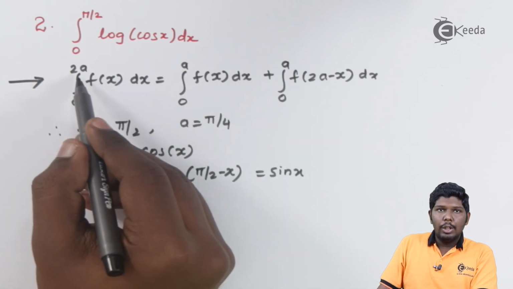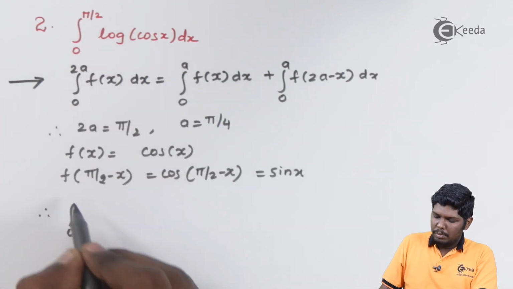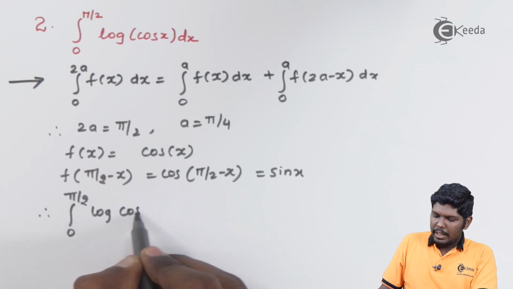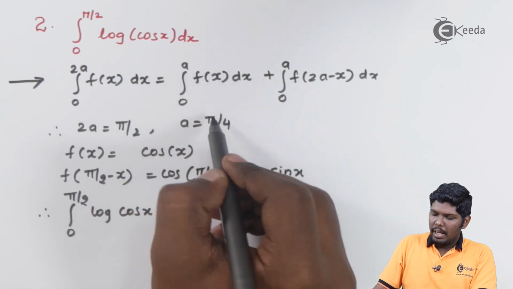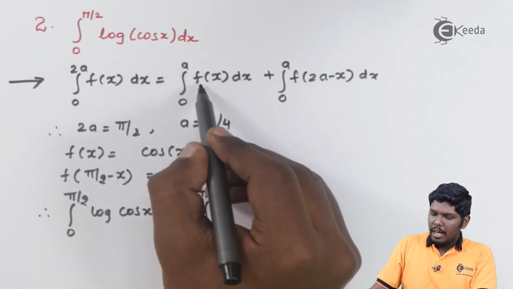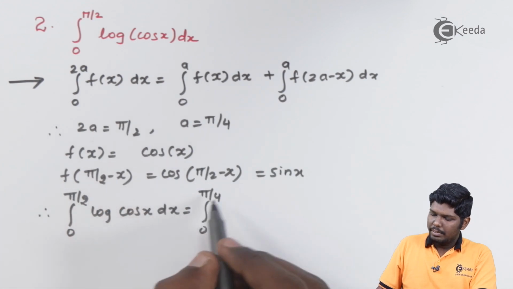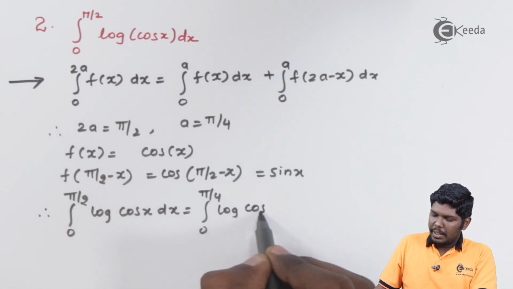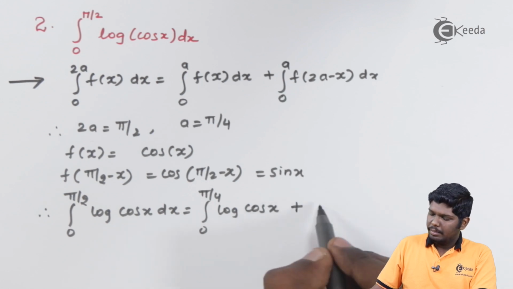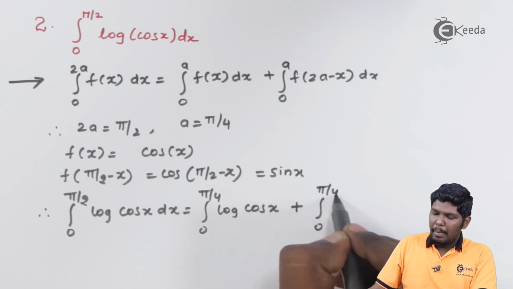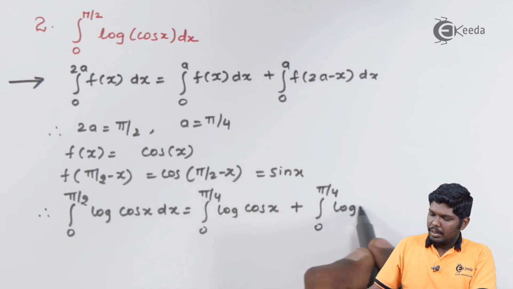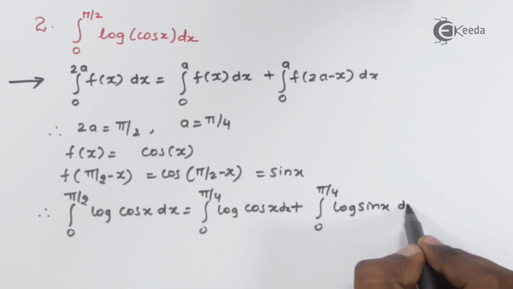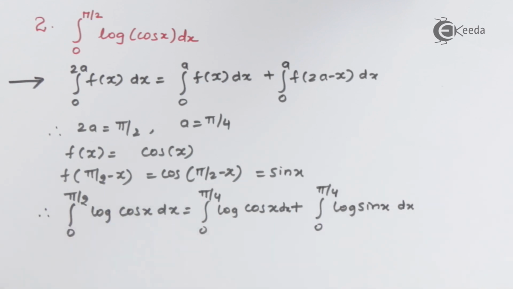Therefore, integral 0 to 2a, we have integral 0 to pi by 2 log of cos x dx will be integral 0 to a is pi by 4 f of x dx, f of x is log of cos x plus integral 0 to a pi by 4 f of 2a minus x, so it is log of sin x. Now let us consider this as integral I and start solving the right hand side.